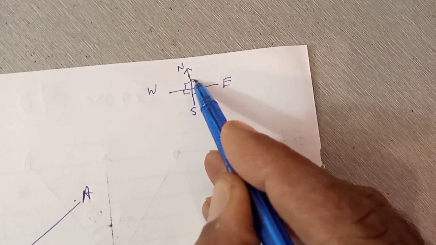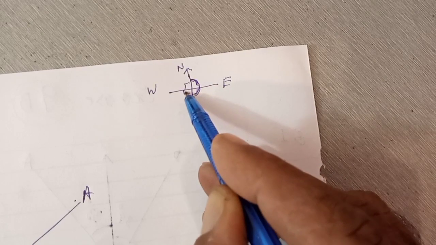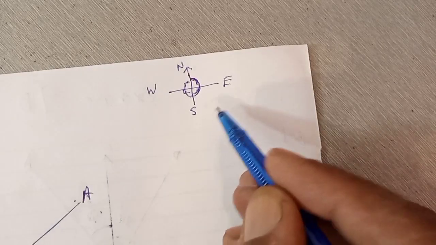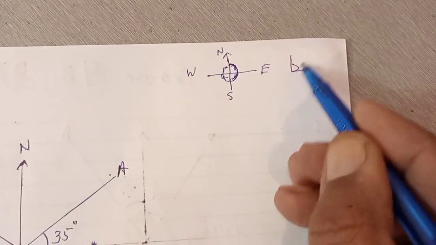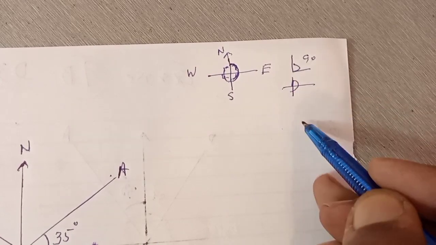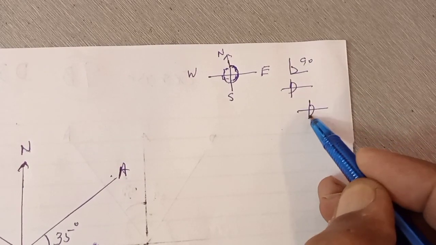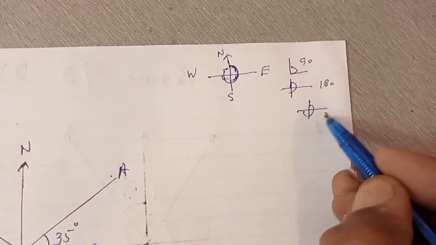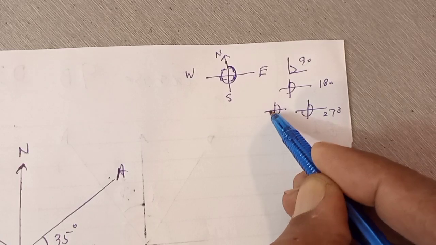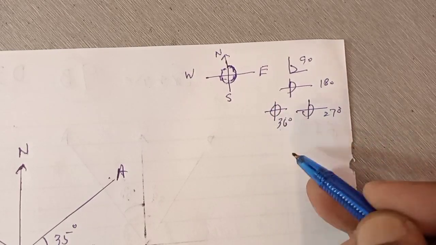This is 90, this is 180, this is 270, and this is 360. Look at, this is 180 degree angle, and this is 270 degree angle. And when we take a full revolution, the angle is 360 degrees.